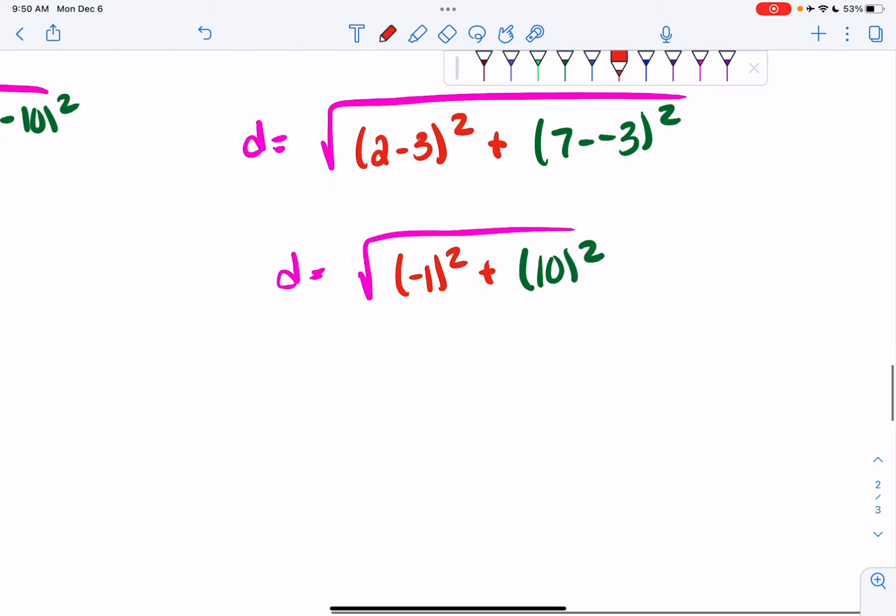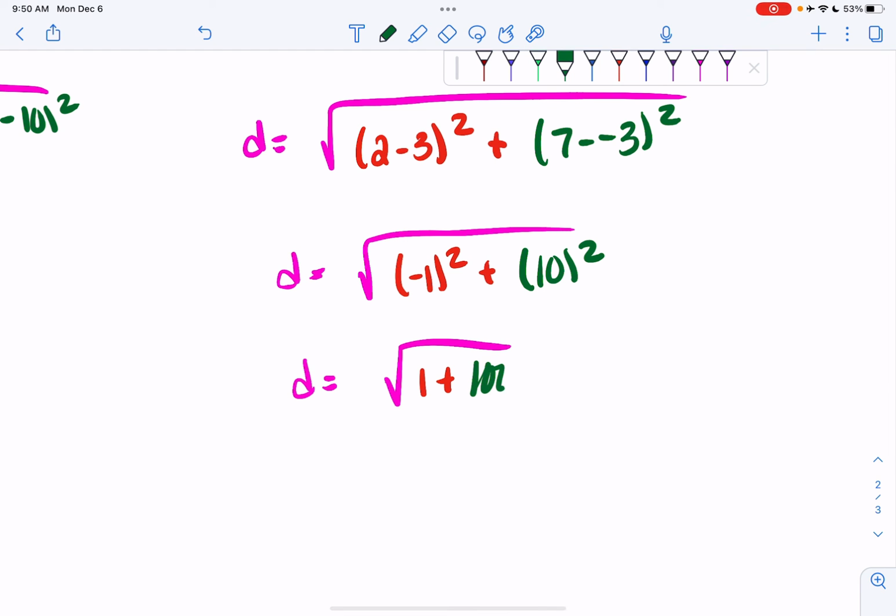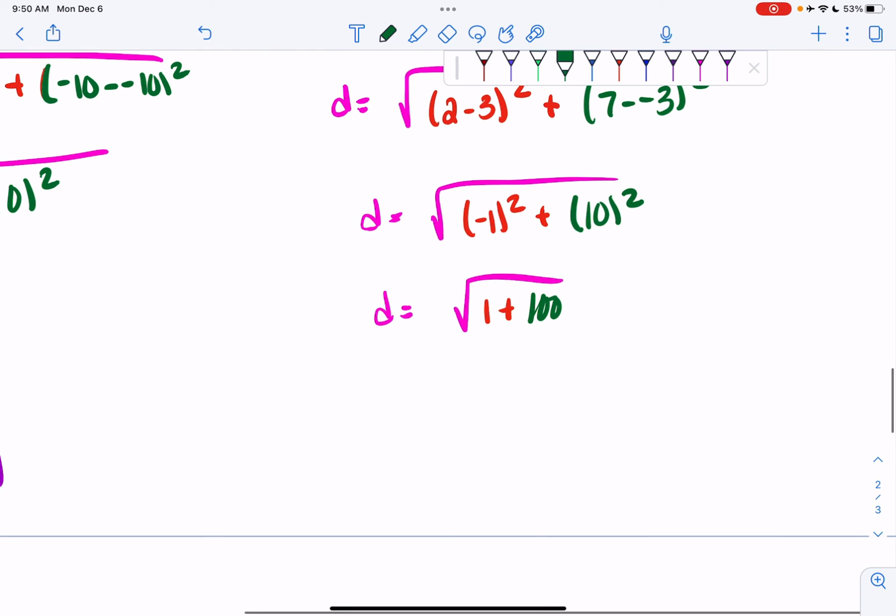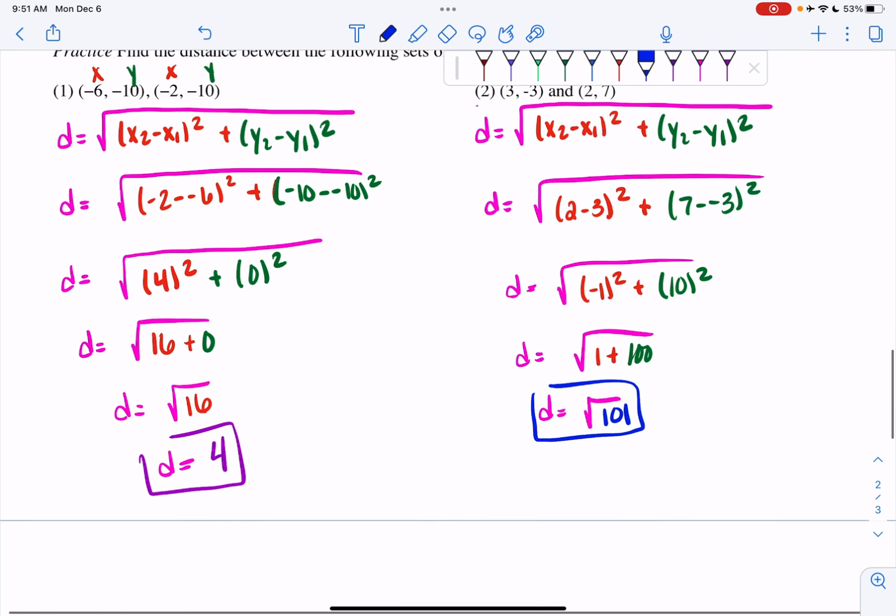Negative 1 times negative 1 is a good old 1, so I have distance is equal to the square root of 1 plus 10 squared is 100. Now I do 1 plus 100, so I get distance is equal to the square root of 101. And I cannot simplify that. And that's your final answer.